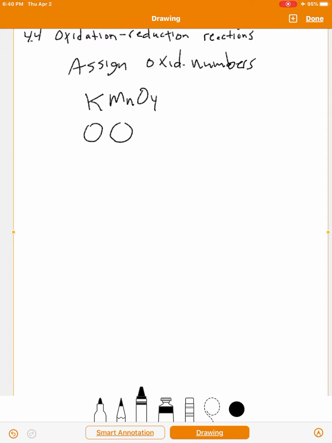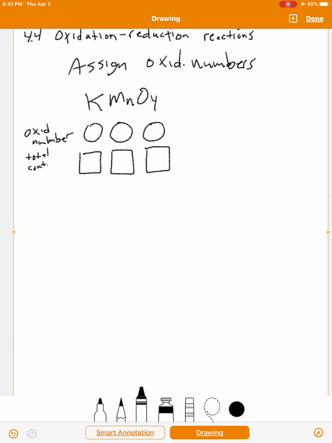Your textbook puts a circle underneath each element in the compound, and then they put a square, just so that you can go through the arithmetic. The circles are where you're going to write the oxidation numbers, and the squares are where you're going to write what's called the total contribution to charge.